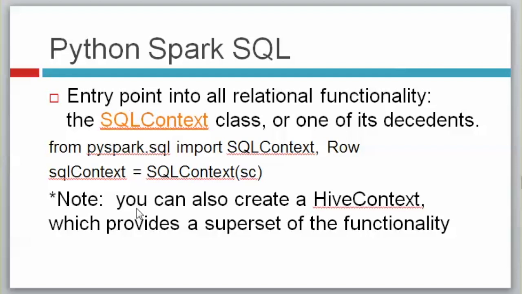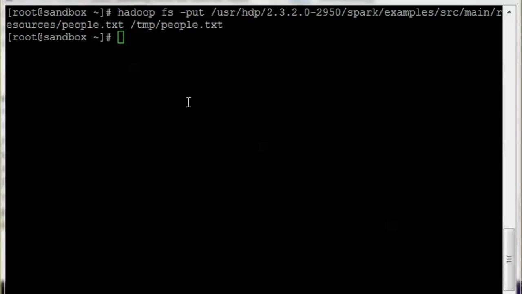So the entry point into all relational functionality is the SQL context class, or one of its descendants. Note that you can create a Hive context as well, because that's a superset of the functionality.